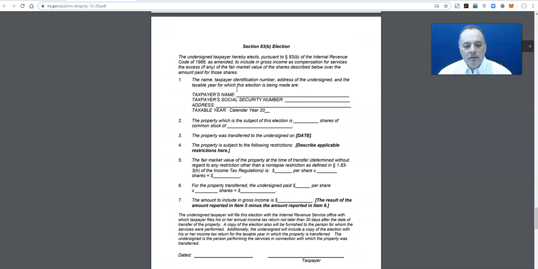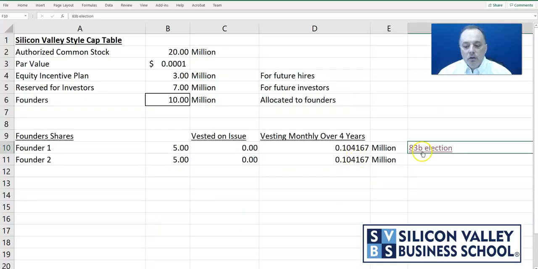So you need to provide your social security number. This has to be done within 30 days. If you don't do this, then when you come to sell your shares, you'll be paying 2-3 times as much tax as you would necessarily have to. So make the 83(b) election if you have vesting on the shares.